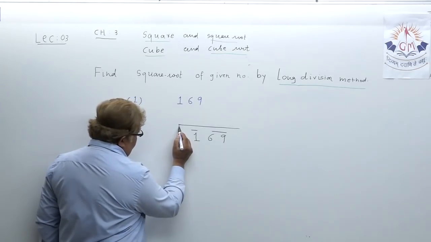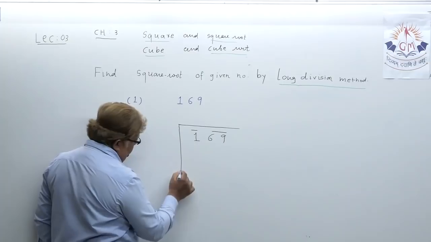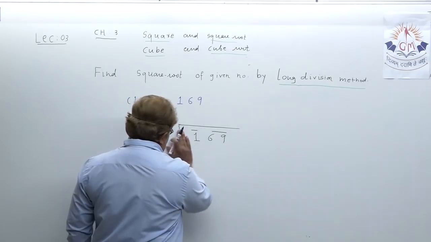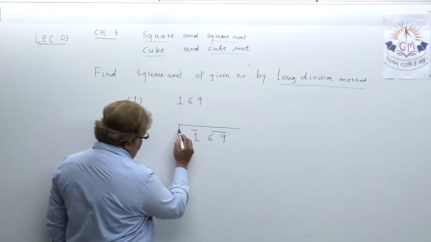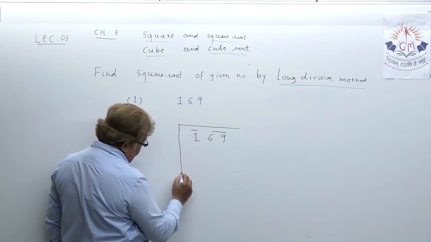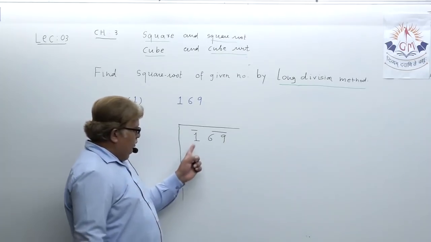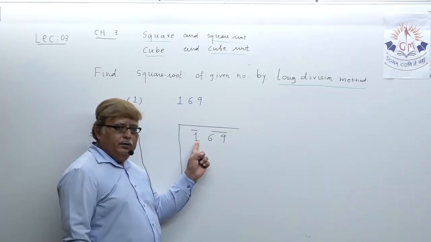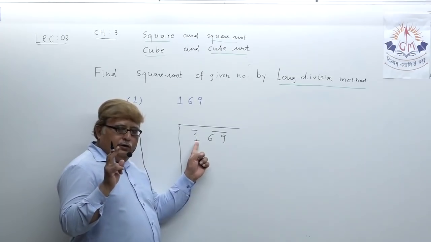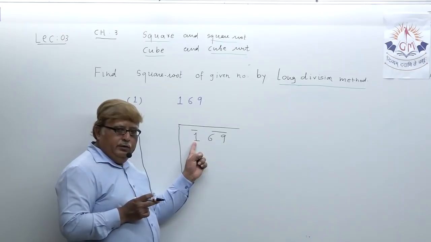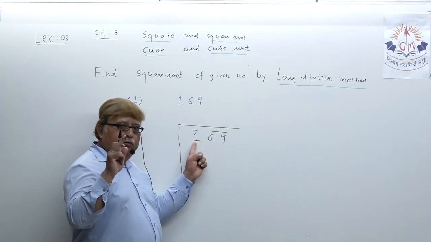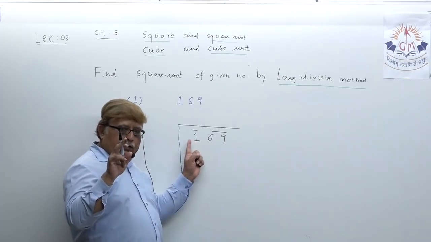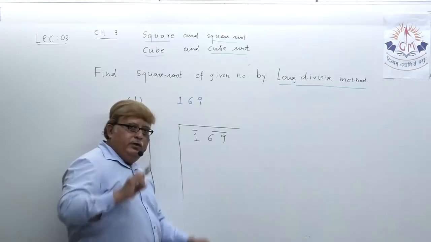Just try to understand regarding the third step. What you have to think about now. Which number is here? Think of this, 1. Understand, 1 is here. Think of such a number whose square is 1 or less than 1.